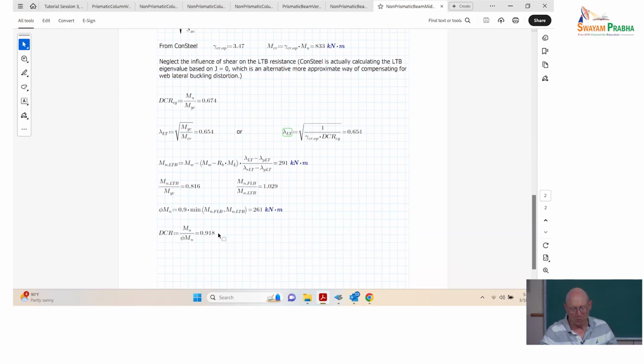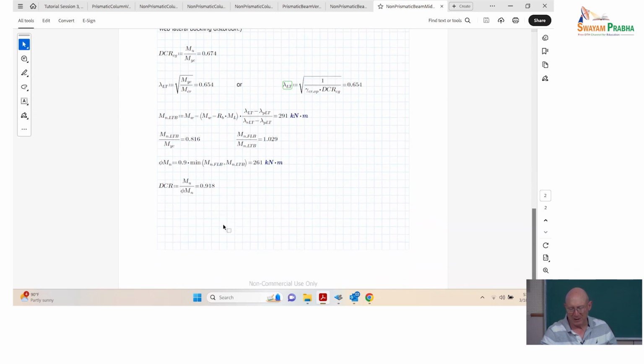Oh, I get 0.918 here at this section. Now, okay, I know why I didn't. So when we do the calculations in Consteel, if we were just checking moment, we look for where is Mu over phi Mw largest. That we identified as our critical cross section.